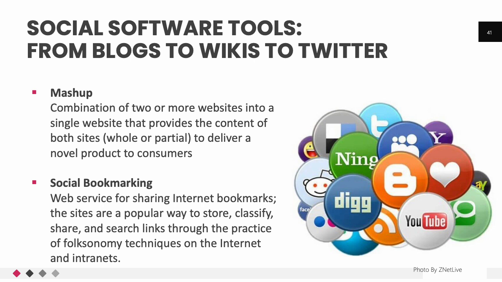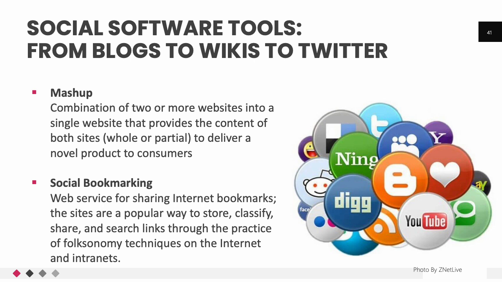Now, these slides introduce two more exciting concepts that demonstrate how information and services are creatively combined and shared online: mashup and social bookmarking. Okay, so let's start with mashup. A mashup is a combination of two or more websites into a single website that provides the content of both sites. It can be whole or partial, to deliver a novel product to the customer.